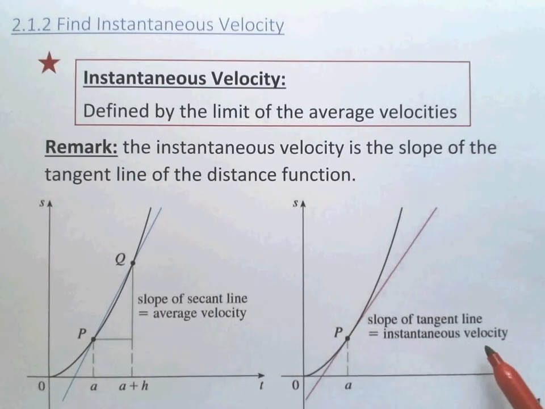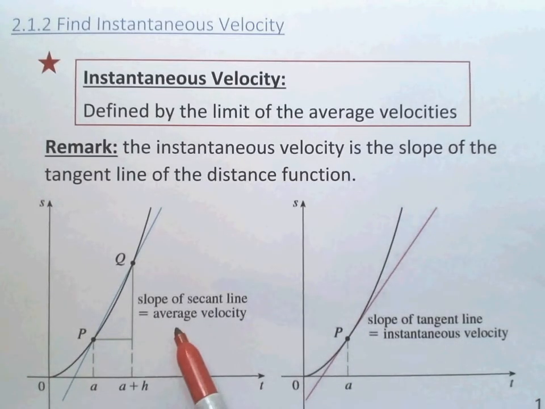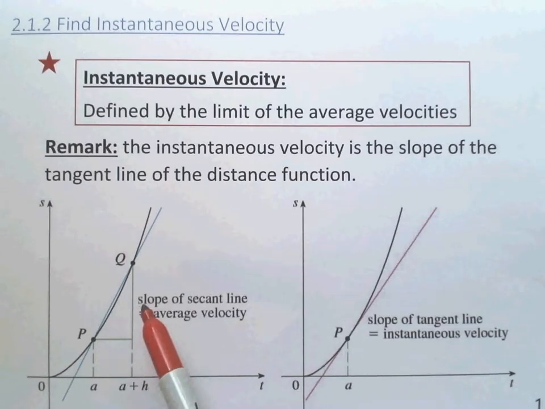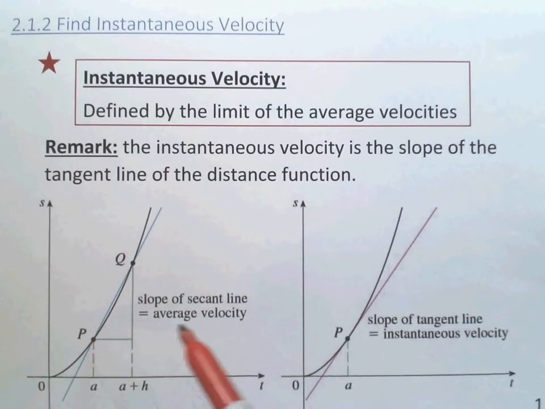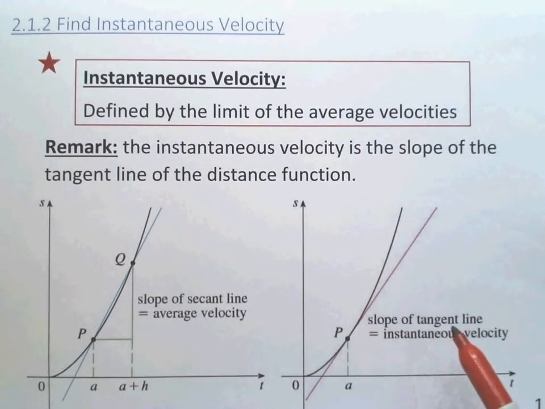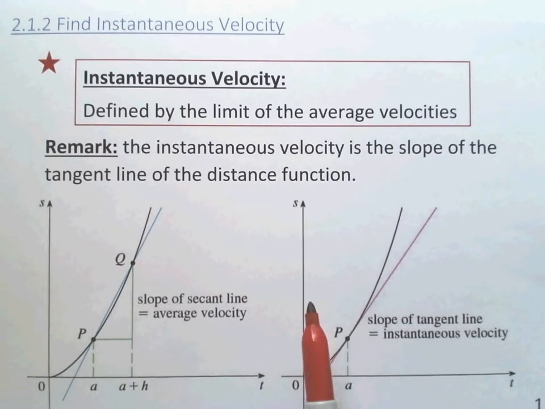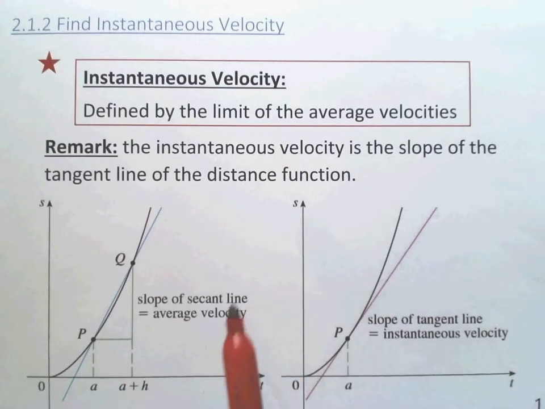Does that make sense? The limit of the average velocity is the limit of the slope of the secant line. Therefore, the slope of the tangent line is what we call the instantaneous velocity. So both classical questions merge into the same one.